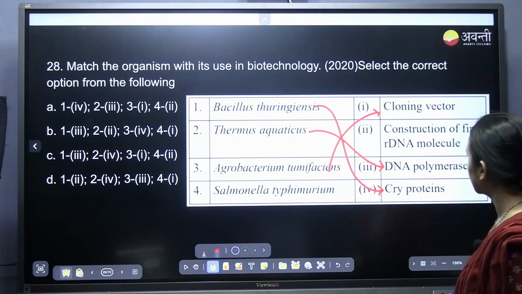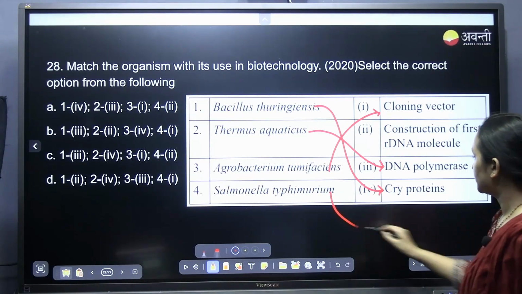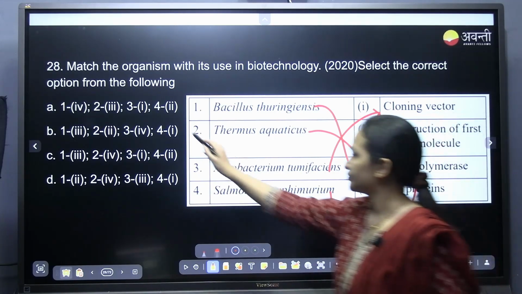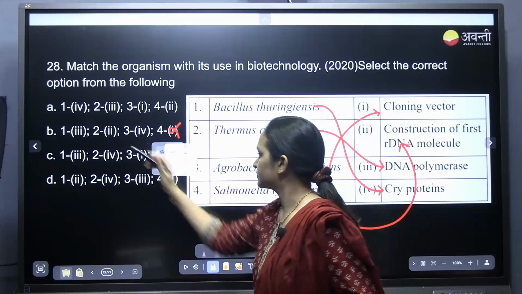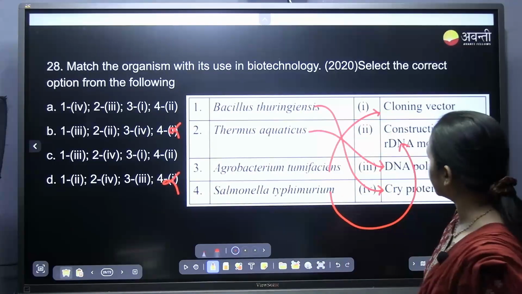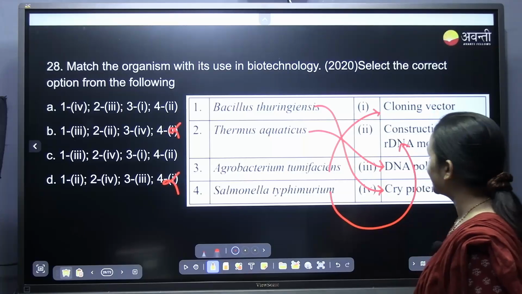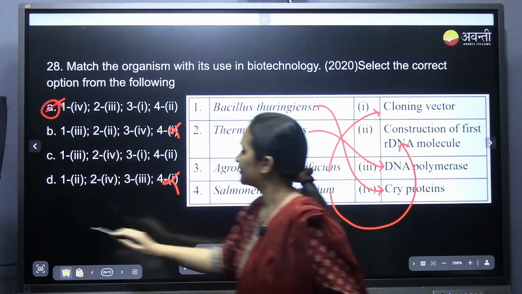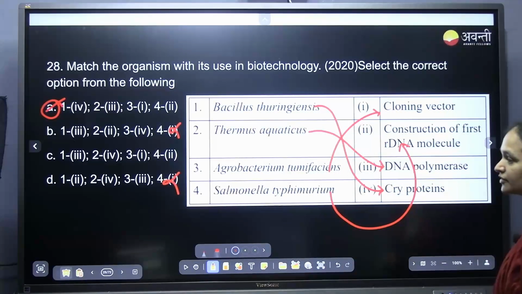Salmonella typhimurium: construction of first rDNA molecule. Yes. So 4, 2. Okay, we can remove these. And 3, 1. Okay. 2, 3. Or else 1, 4. If it would have come from that side, we would have got the answer in the first match itself. 1 to 4. A is the correct answer.